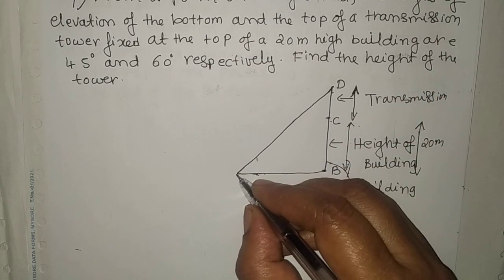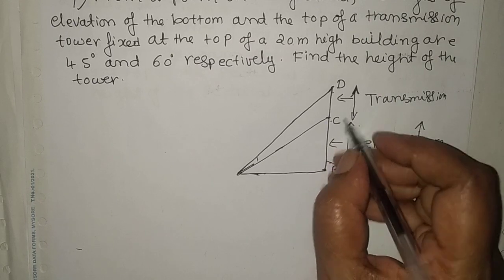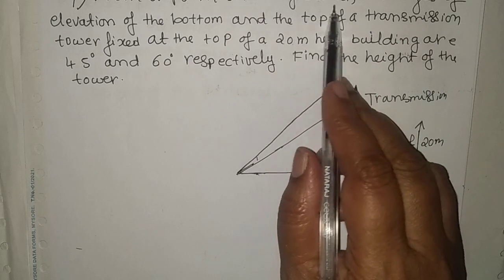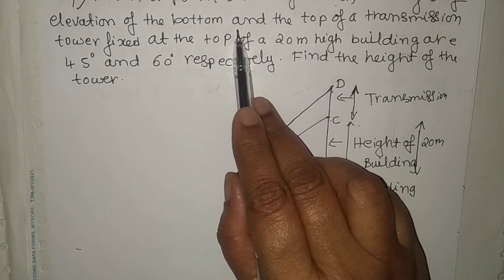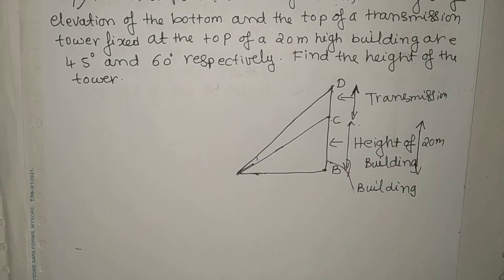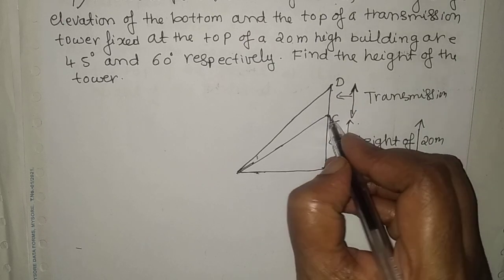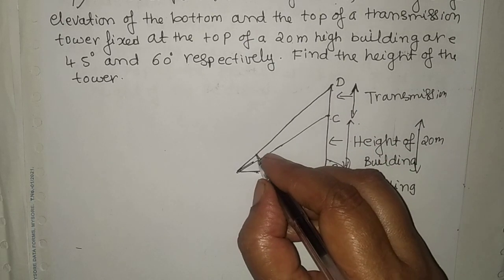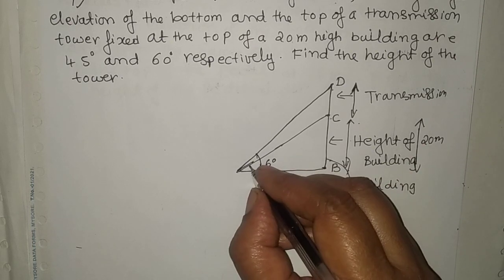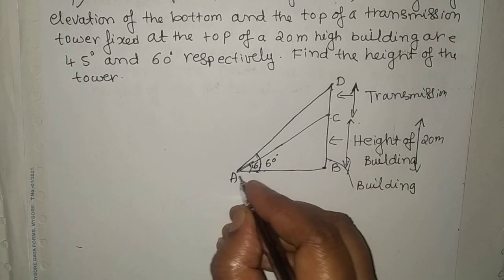From the top of the building it is 45 degrees. From the point on the ground, the angle of elevation of the bottom and the top of the transmission tower: this is the top of the transmission tower and this is the bottom. The top is 60 degrees, and the bottom is 45 degrees. Then this is A.